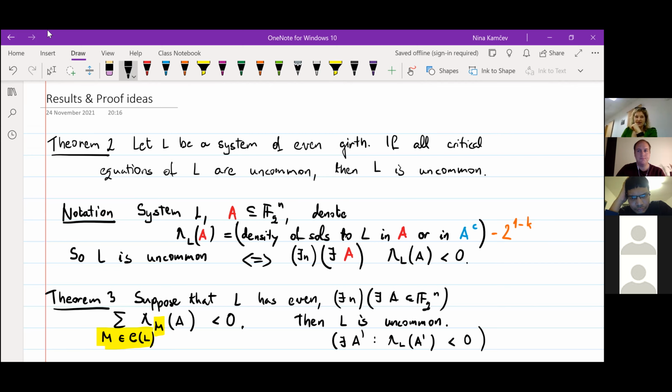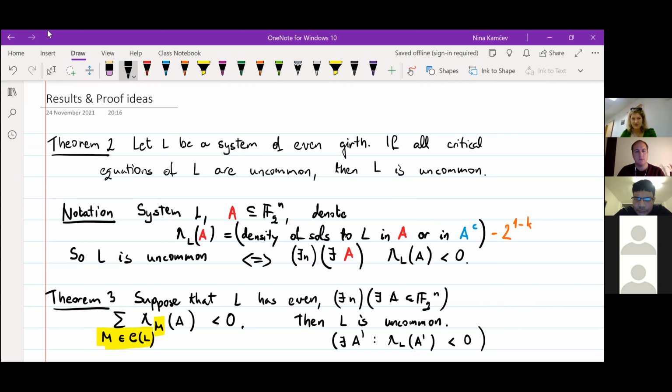Let me say this discussion in a bit more detail. Once again, which of these two theorems seems stronger? A priori, theorem 3 looks stronger because in this sum, we don't require each of these terms to be negative individually. What we have is these critical equations, and there's a kind of fight among the critical equations, and if the negative ones win, then the whole system is uncommon. That's somehow less strong than this, because in this one we require all the critical equations to be uncommon.